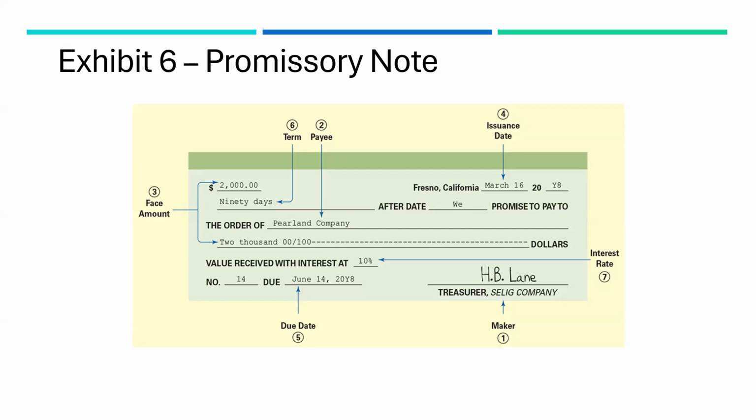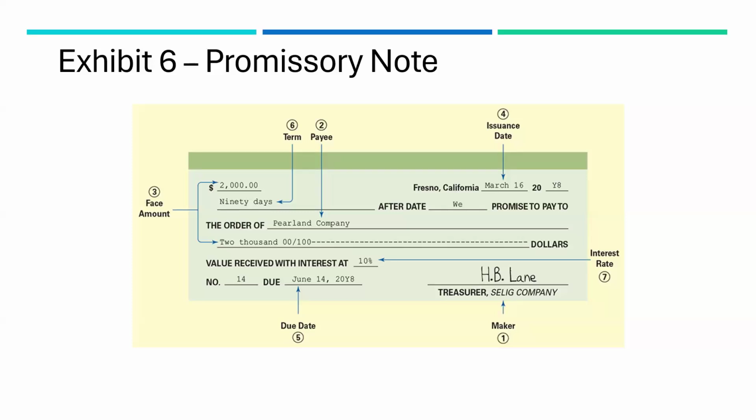So the face amount of this note here is $2,000. The issuance date is March 16th. And we have our interest rate at 10%, and it's due June 14th. So then the term of the note is the 90 days between March 16th and June 14th.